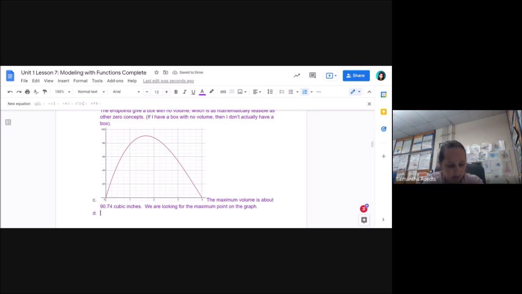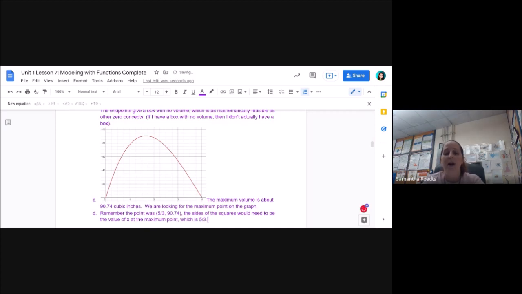In order to get that maximum value, remember the point was 5/3 and 90.74 cubic inches. So in order to get that maximum volume, the sides of the squares would need to be the value of X at the maximum point, which is 5/3.